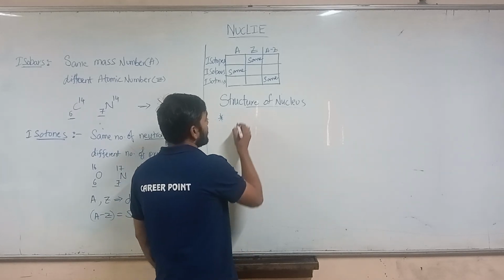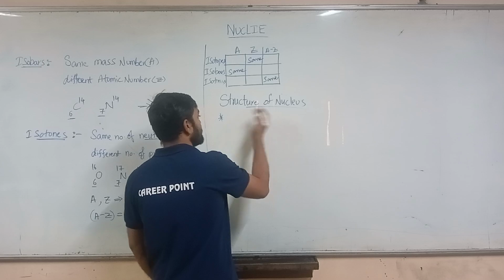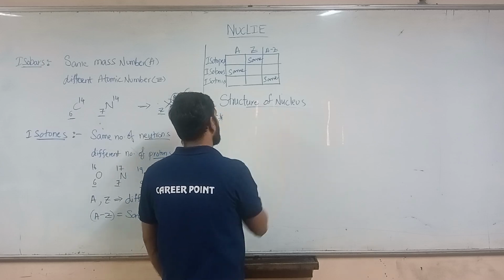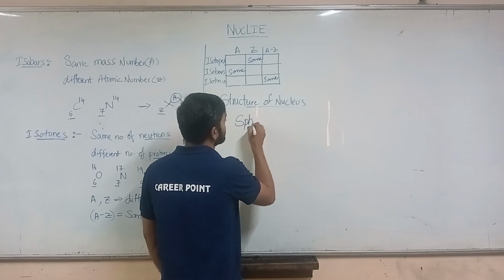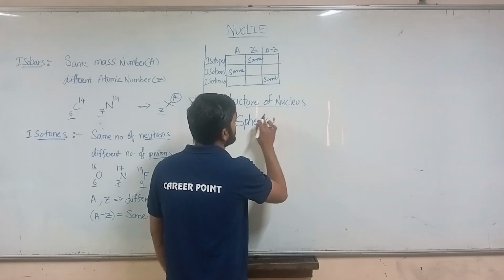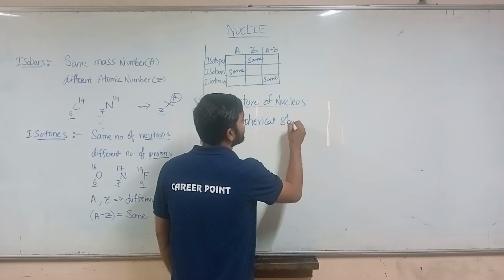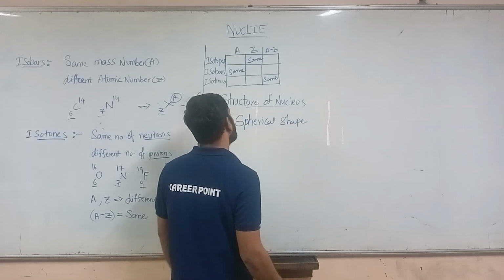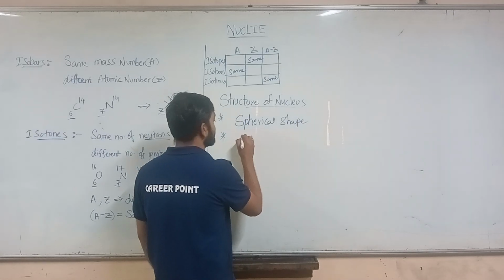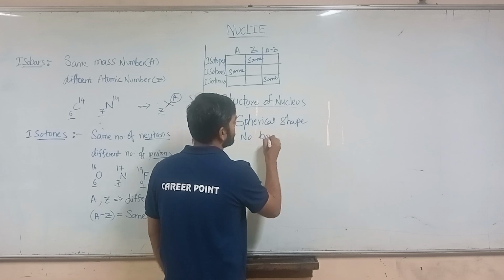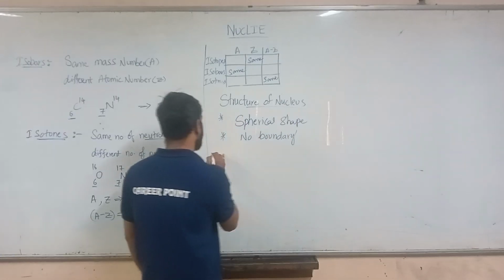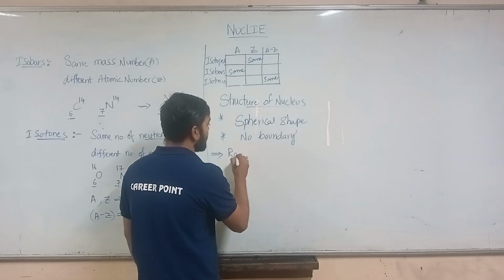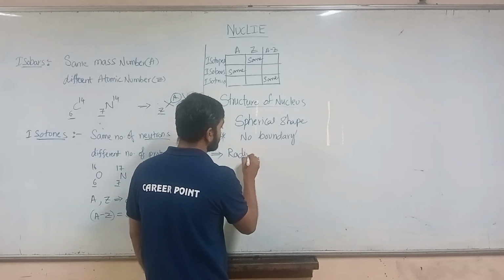So he gave the estimated structure of the nucleus as a spherical shape having no boundaries. Okay, right. Next we will see the radius of the nucleus.